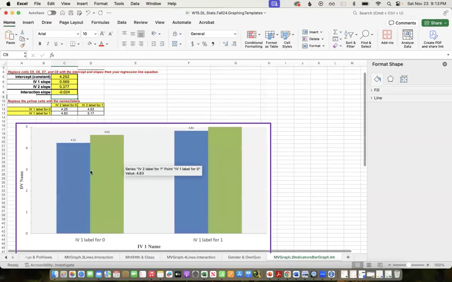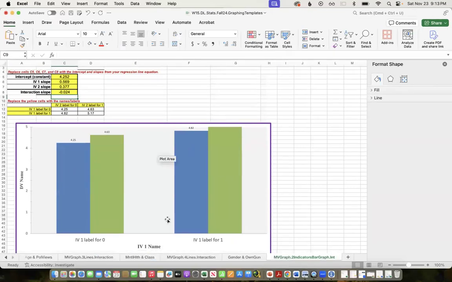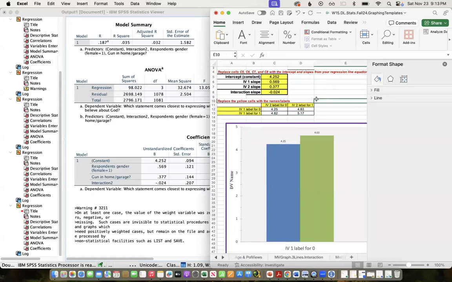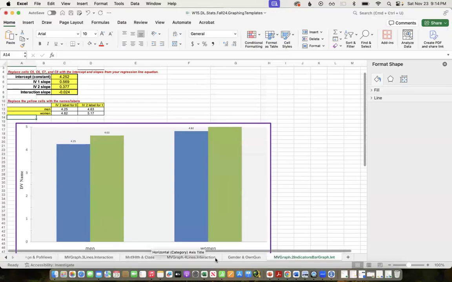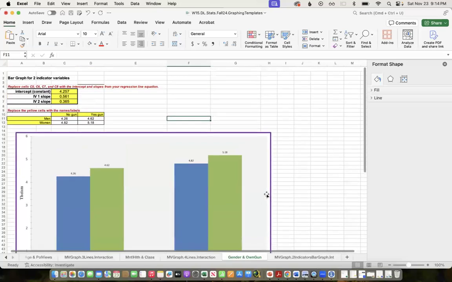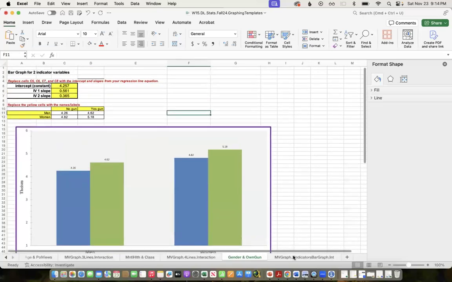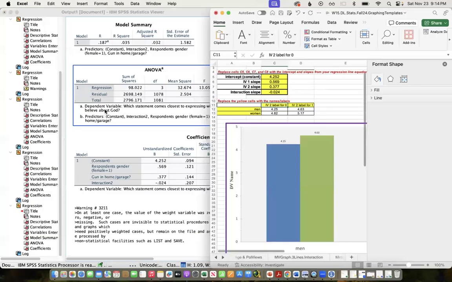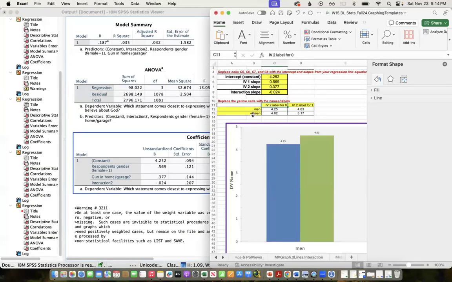It's just that what you group them by is why that matters. I don't actually want that one there either. So IV1, the 0.569, was gender. Actually, we do want to just match it to this. Is that how we did it here? Yeah. Okay, and then IV2 was the gun.